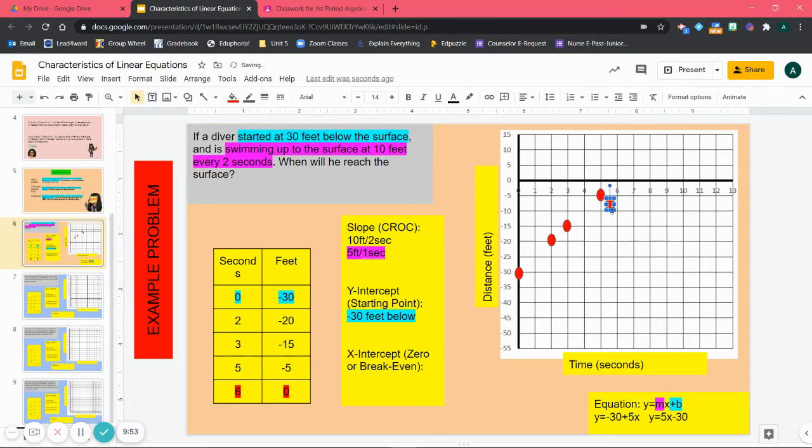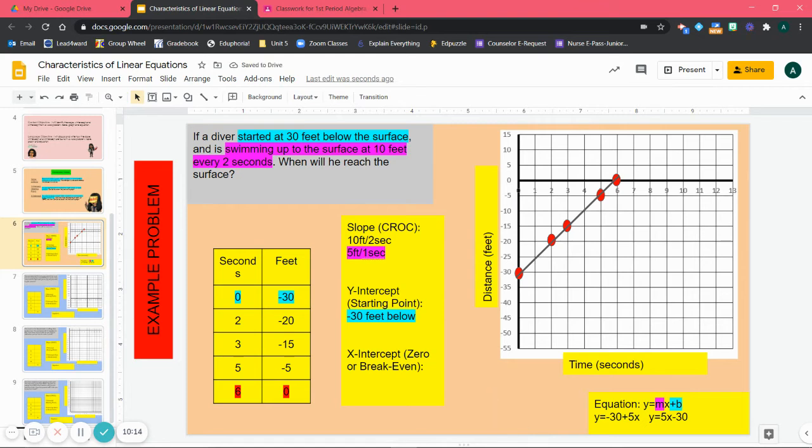And then my last point from my table was at 6 seconds, they were at 0 feet. So I'm going to put that here. All right, and then we're going to make our line to connect to see where this diver was all the way through. And I'll make that a little bit bigger.